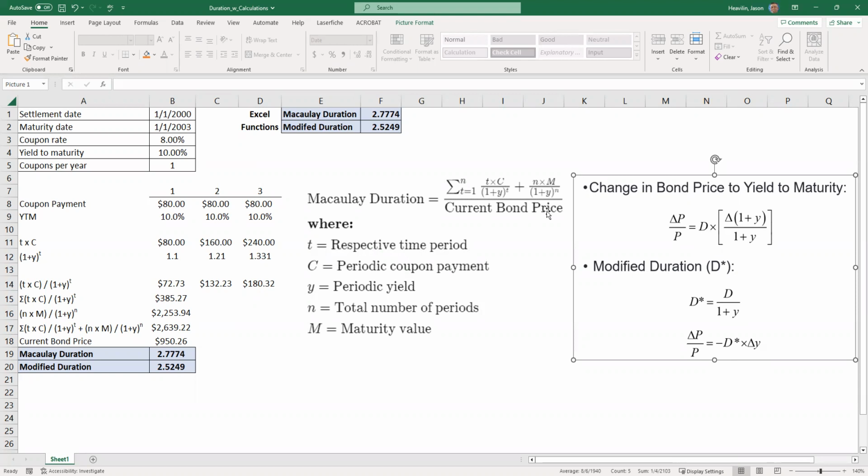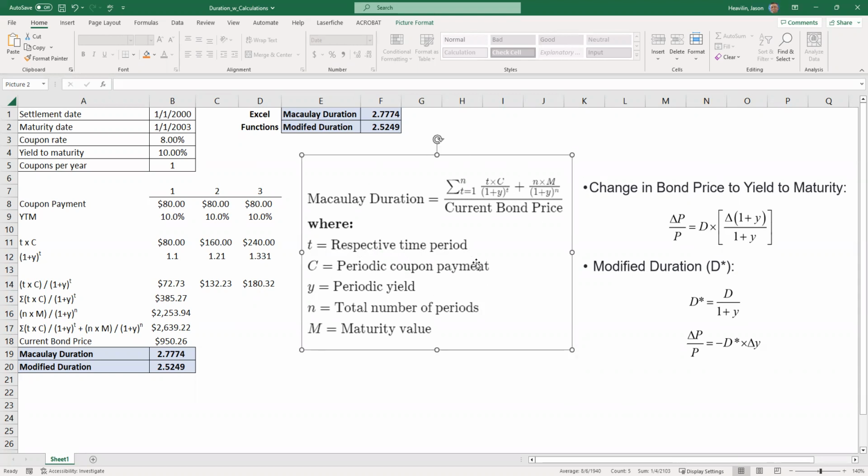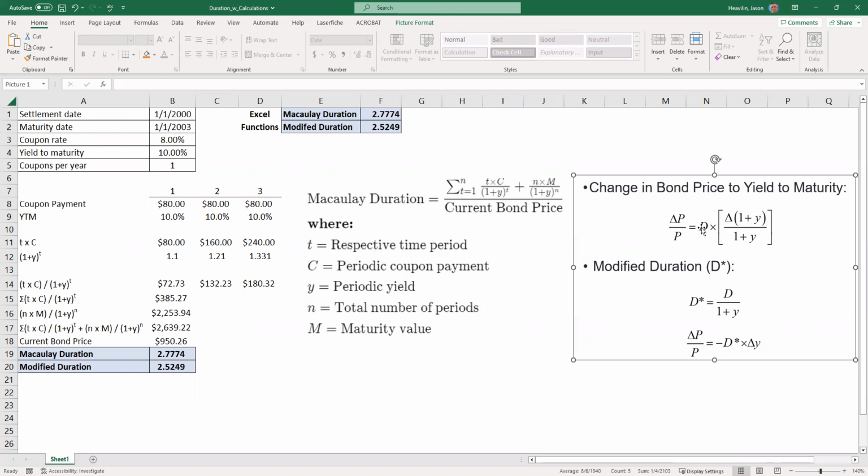So that's what we're going to go over here. It's a formula to find that D value there. Because once you have that, then you can also do the modified duration very easily to eventually get the change in bond price, which is what you're looking for.